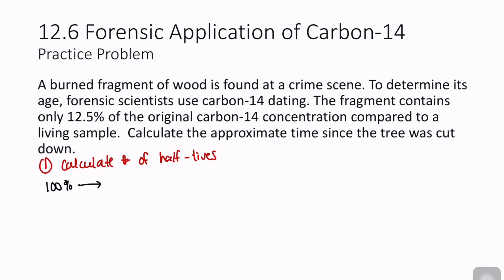After one half-life, I'll be at 50%. Two half-lives will take me to 25%. And finally, three half-lives will take me to 12.5%. So this tells me that three half-lives have gone by.